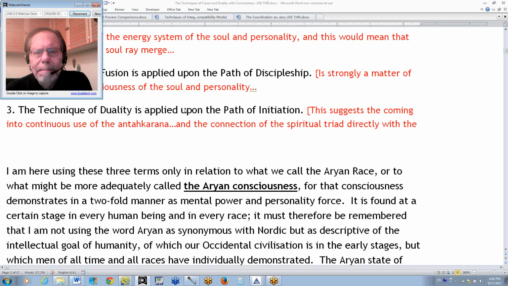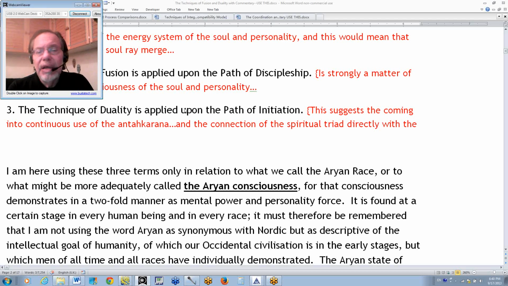So the Aryan consciousness, the mentally focused consciousness, the consciousness which can become characterized by the soul-infused mind, by the revelations of the soul-infused mind. So these techniques of integration, fusion, duality, I think they have a lot of the fifth ray involved, and we're dealing with the fifth root race, or the Aryan root race, and more specifically with the Aryan consciousness.